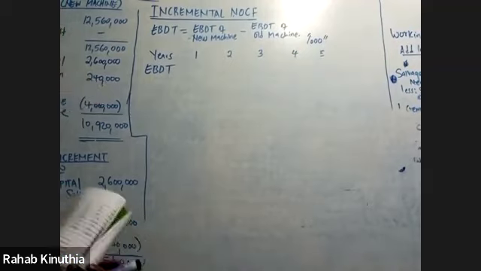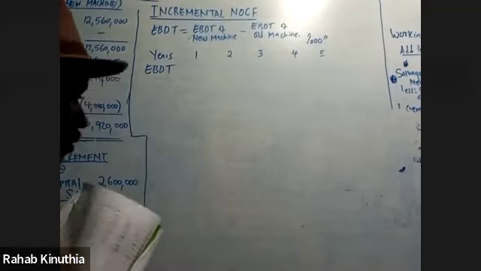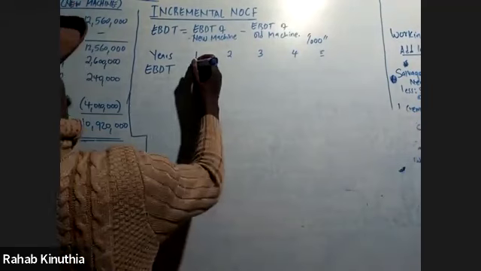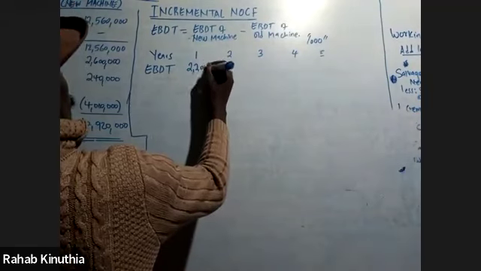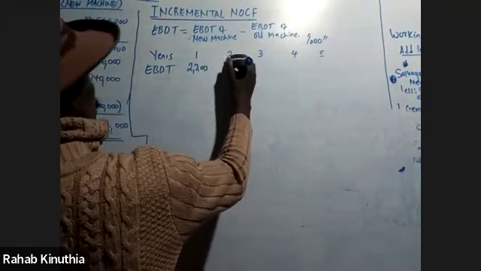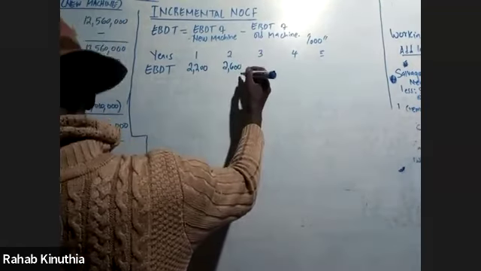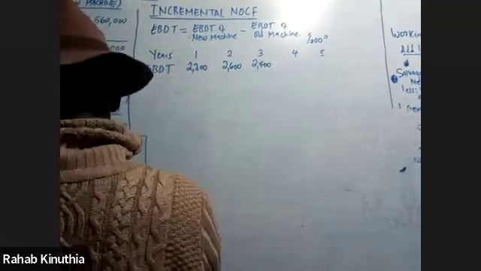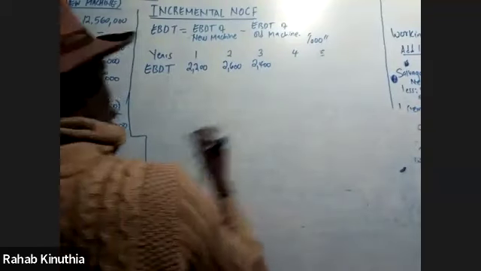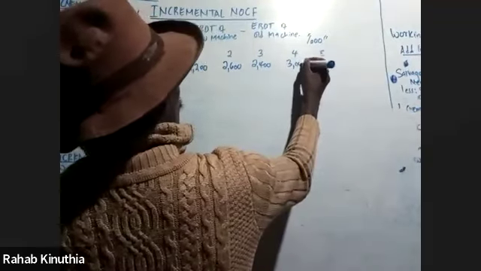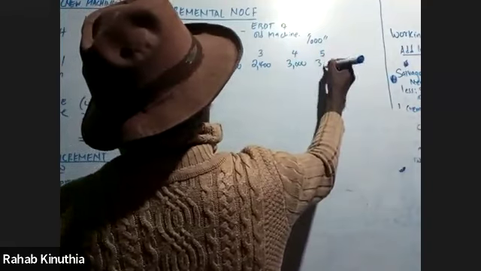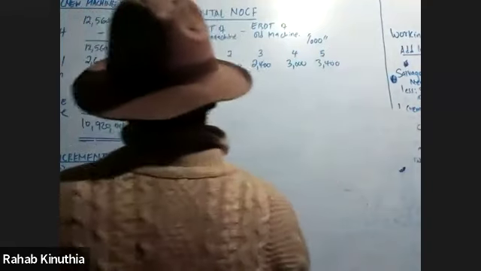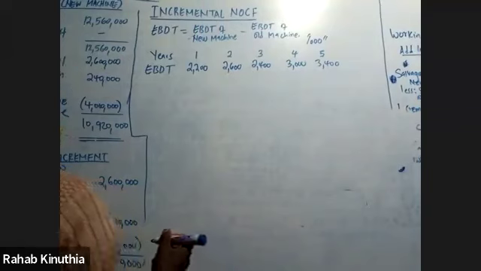So let me jaza. So in the difference between the two, itakuwa 2200, then 2600, 2400, 3000, and then that 3400. Okay.